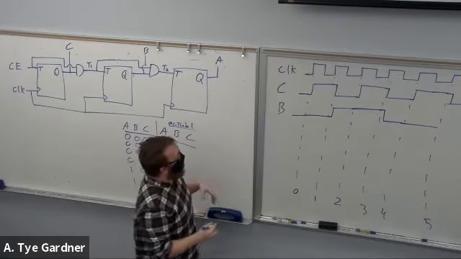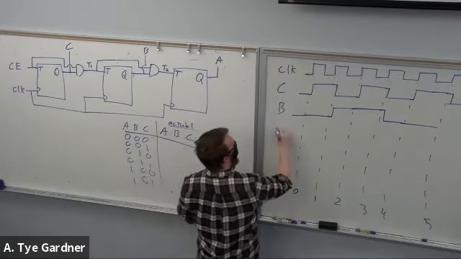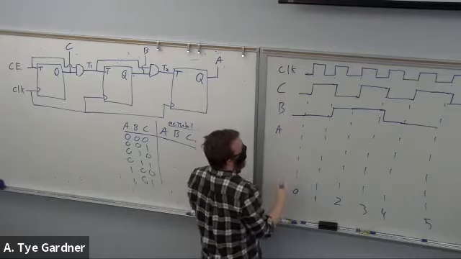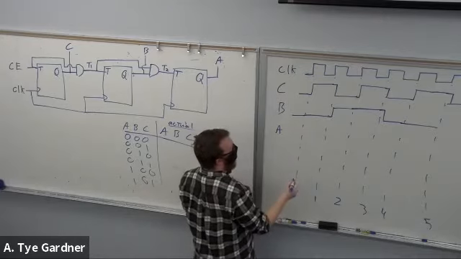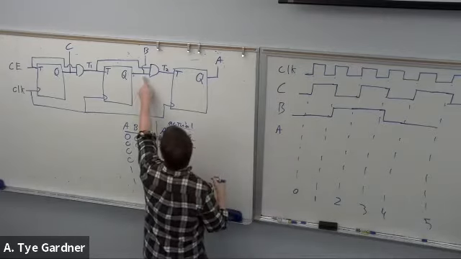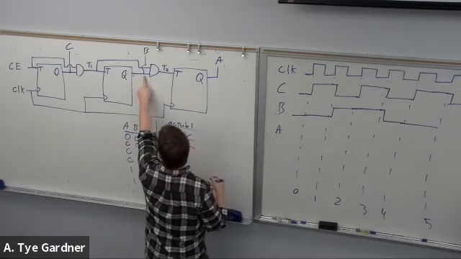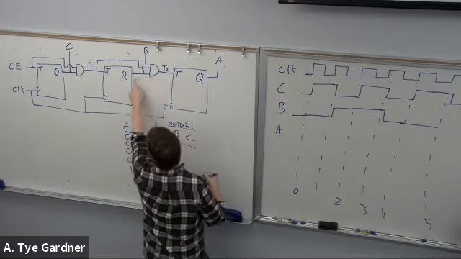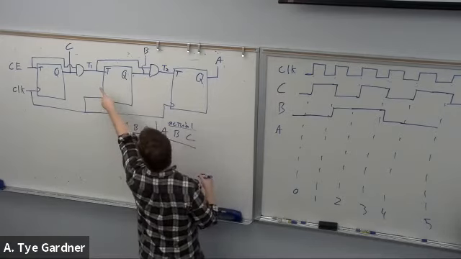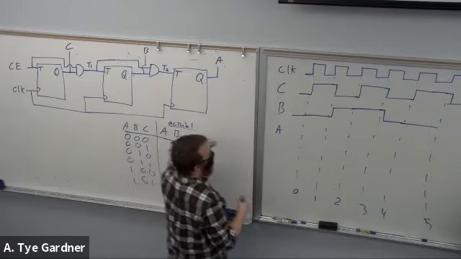So we could go on and do the same thing with A. That is going to be even slower than that because A needs both B to be true and it needs T1, aka C, to be true.